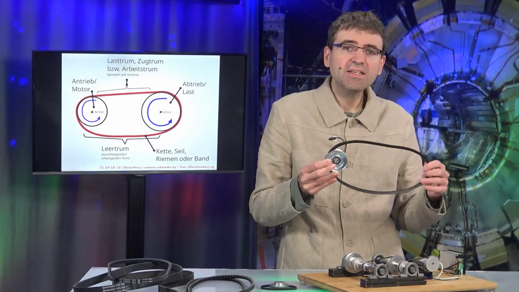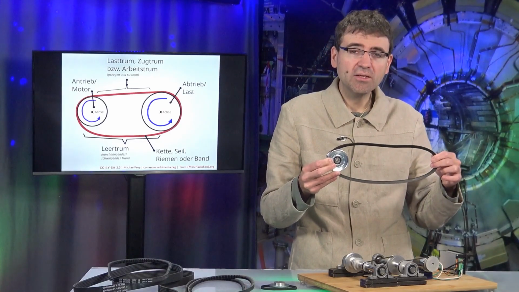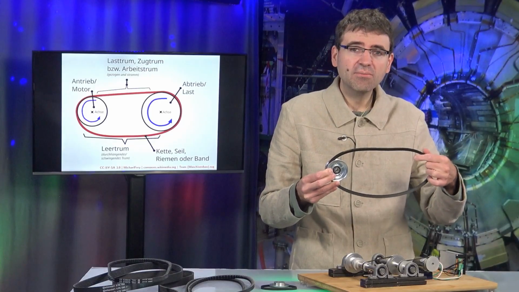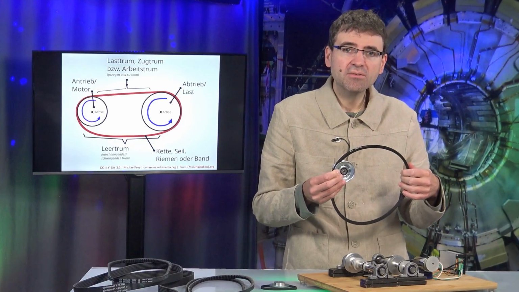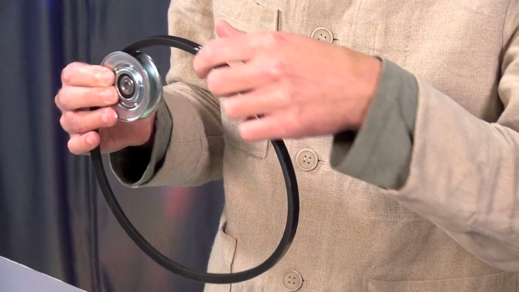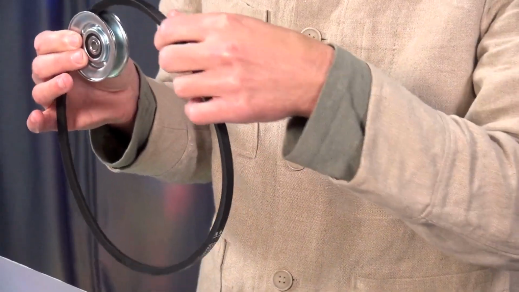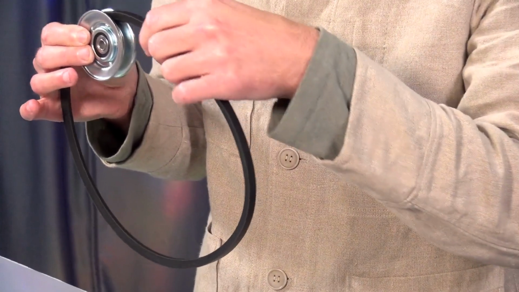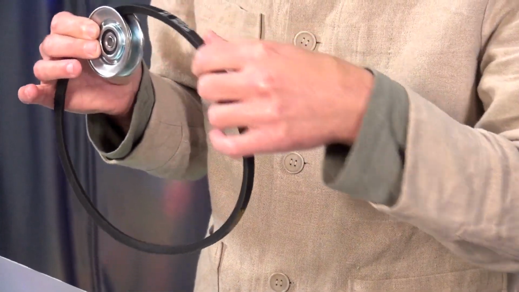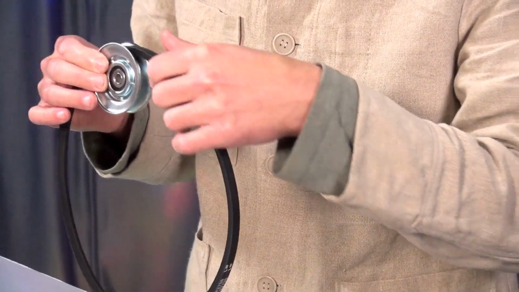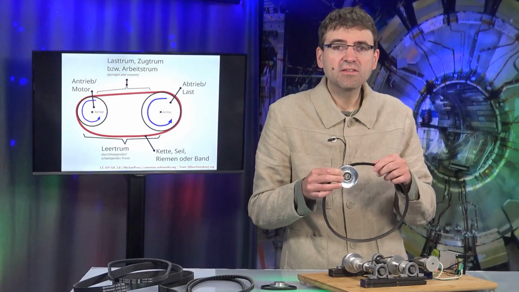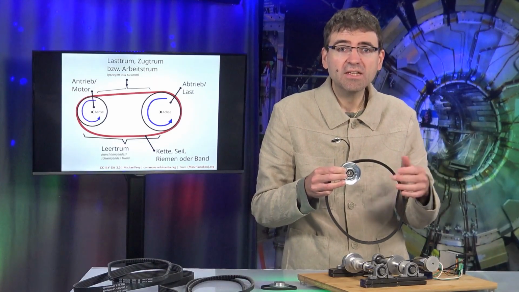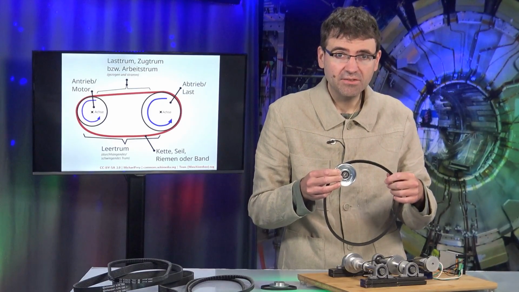And now we can contemplate what truly occurs. If the tension is ideal, then we achieve an ideal transfer of power. But what happens, for example, if the tension is too low? Then, which is the case as I am demonstrating it here, it will simply slip over this surface. And the danger here is, for example, that it gets too hot and the heat destroys the belt. And furthermore, the power transmission is absolutely not ideal.